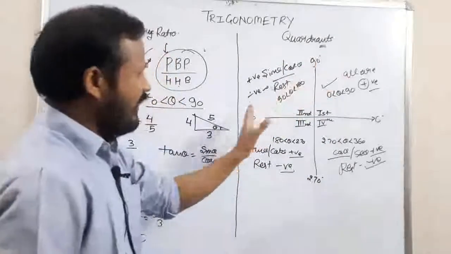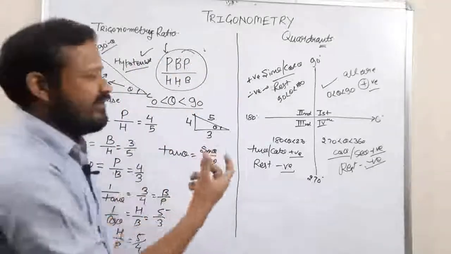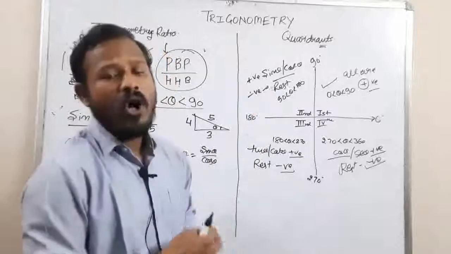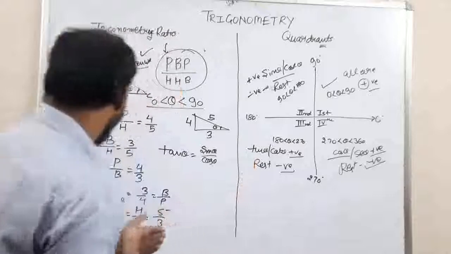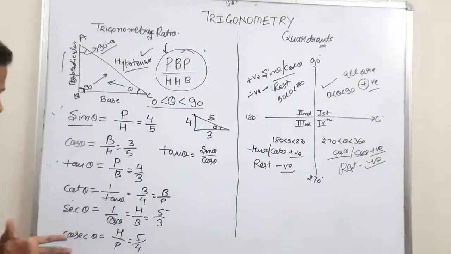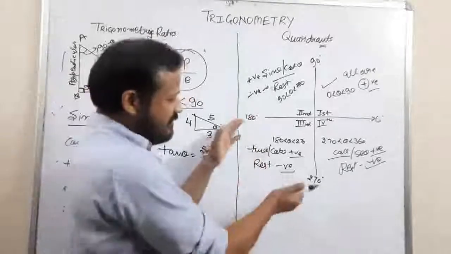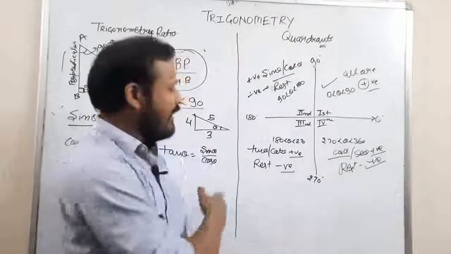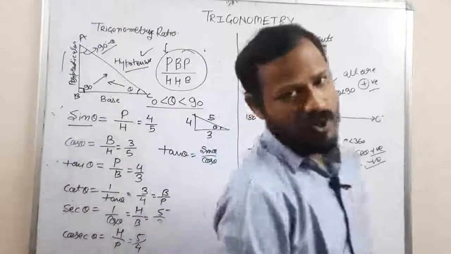From 90 to 180 degrees, for example sin 135 degrees and cosec 135 degrees are positive, and all other values of 135 degrees, like cos, tan, cot and sec, are negative. Similarly for 180 to 270 degrees, tan theta and cot theta are positive, the rest are negative. So this is what the coordinate system is all about.